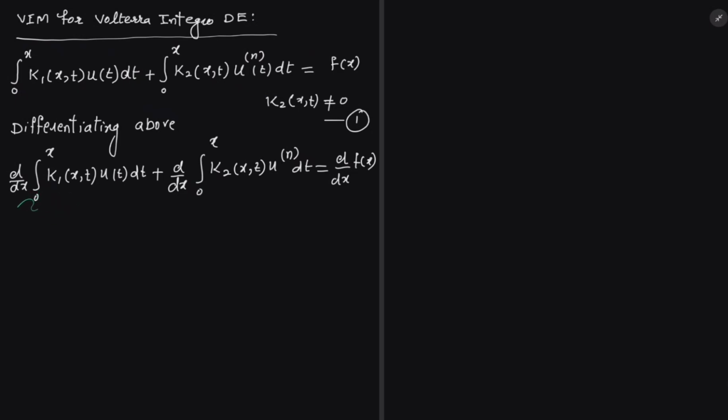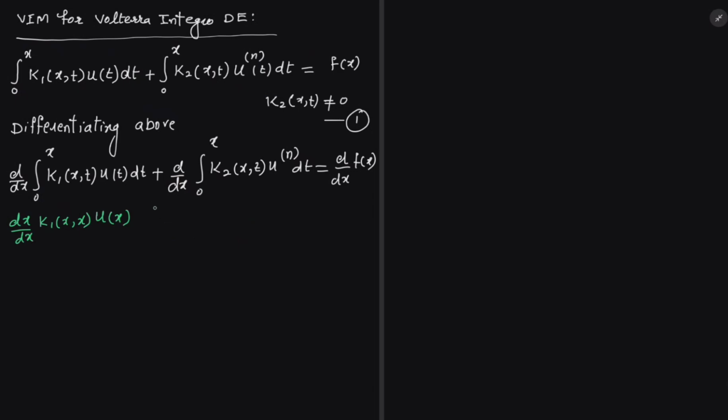Leibniz rule says that take a derivative of the upper limit, dx by dx, then put that upper limit in the integrand, this whole value. So we get k1(x,x) u(x). Then we apply the lower limit. Since the lower limit is constant, we get 0 minus d0 by dx, so no need to write it over here.